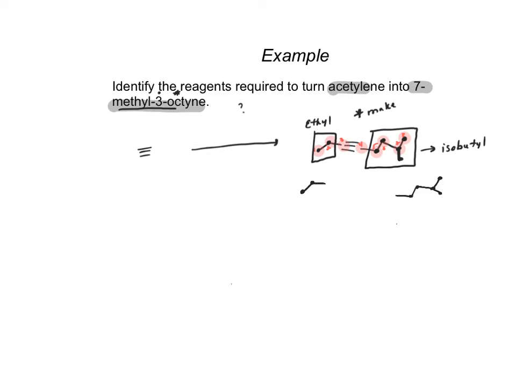So again, what this is going to come from is a deprotonated alkyne that is going to attack a primary or a methyl alkyl halide. And so whatever groups I'm wanting to attach, all I need to turn them into is that alkyl group with a halogen. So this side would have derived from this thing over here attacking an ethyl iodide.